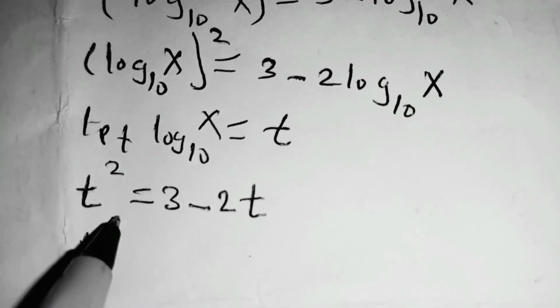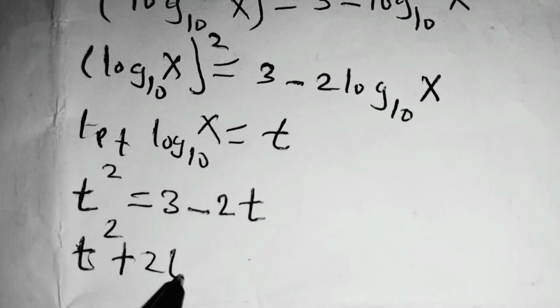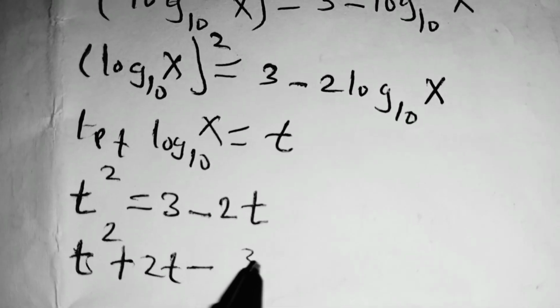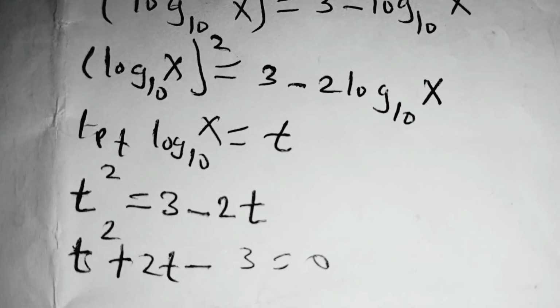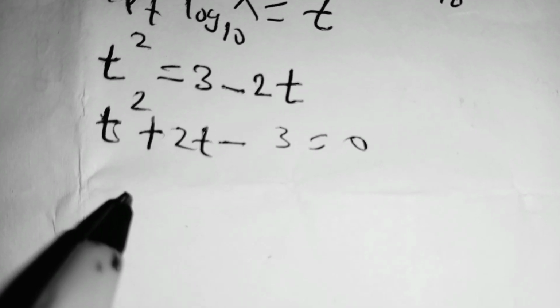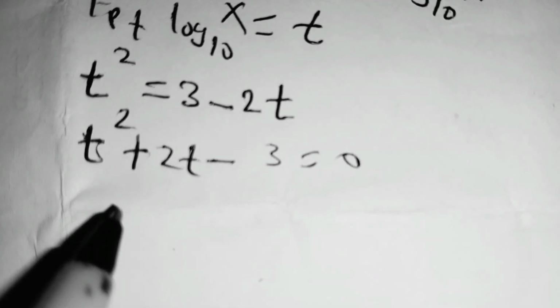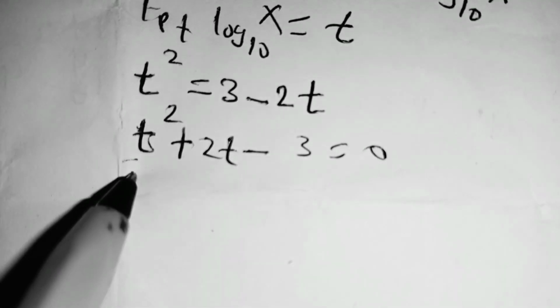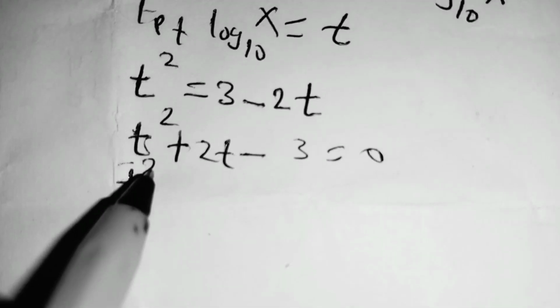t squared plus 2t minus 3 is equal to 0. This is a quadratic equation whose product is 3 and the sum is 2. Two factors which you multiply by itself to obtain negative 3, and when you add you obtain 2, will be negative 3 and a positive 1.